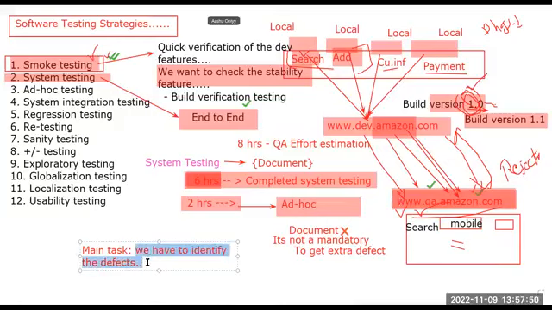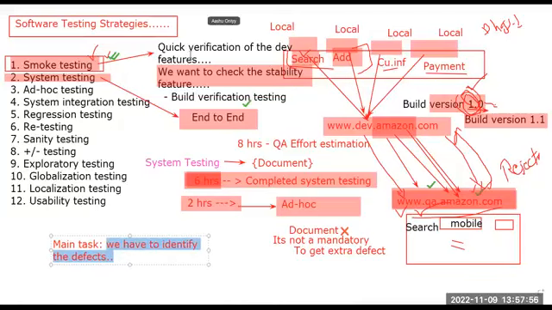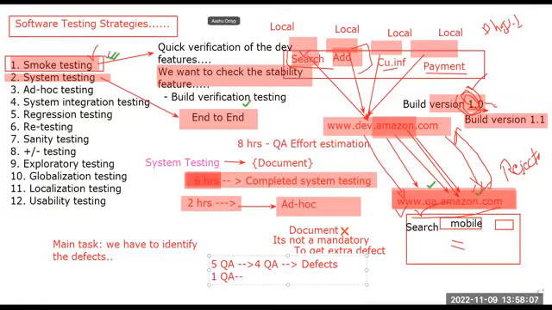Let's say you are working on a project with 5 testers, and out of 5, 4 QAs are getting defects. You are the only one not getting defects. You are following all the documents and all, but you are not getting any defects. So definitely this QA has some problem.